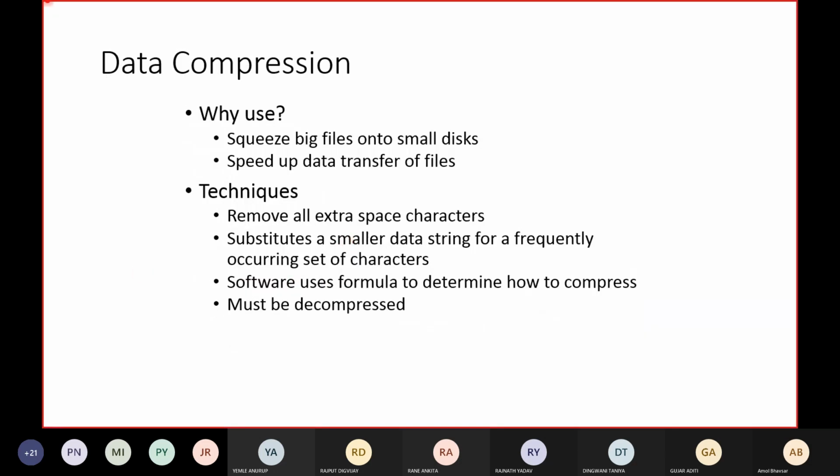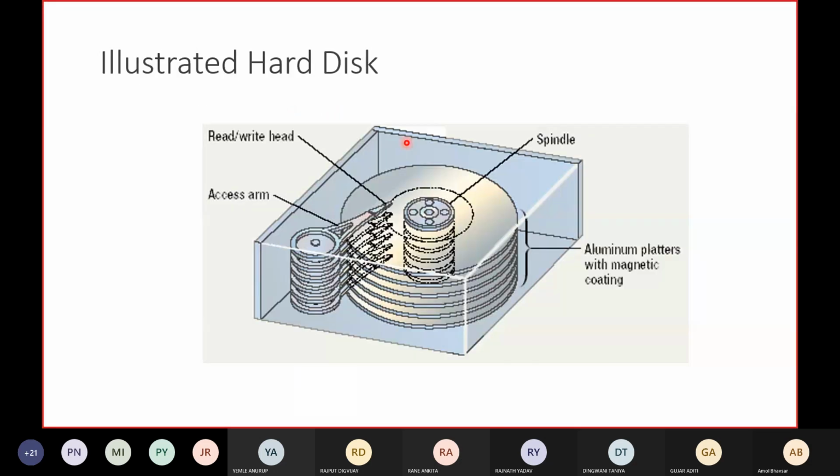So this is the figure of the hard disk. Now we will see the hard disk. What is hard disk? Hard disk contains a number of disks on which we are storing the information, and again we are getting the information. So this is the hard disk we have, and this is the spindle which rotates all the disks.